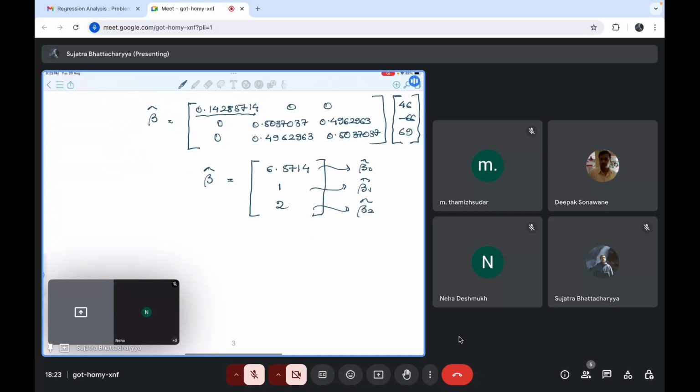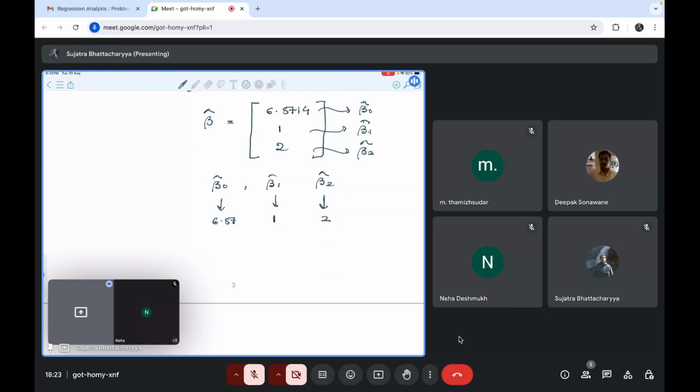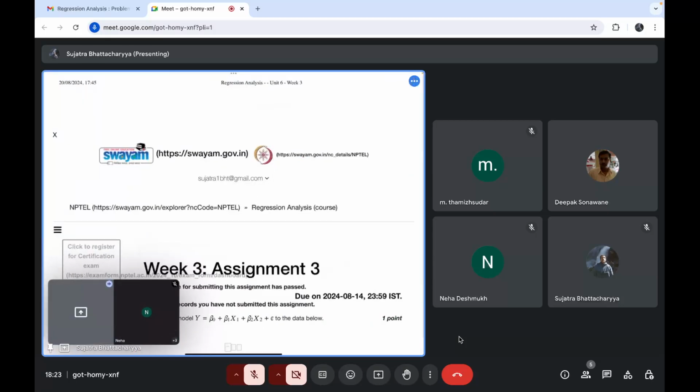The first three questions in the assignment ask about the calculation of beta naught hat, beta 1 hat, and beta 2 hat, and they are respectively what I have found out: 6.57, about 1, and about 2. One of the options in the first question is 46 by 7, so this is nearly 6.57. Let me quickly go to the questions again.